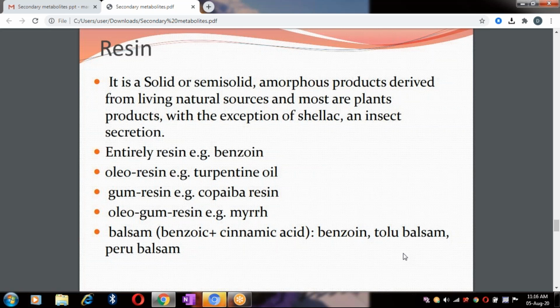Where is volatile oil formed? Are you able to recollect now? Volatile oil is also formed in schizogenous or schizolysigenous ducts. Yes or no?